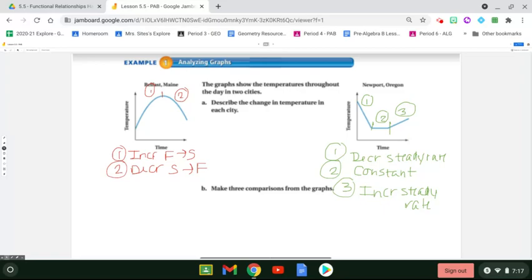So if we're making some comparisons about the graphs, maybe one observation would be that both of the graphs show that we have increases and decreases overall, right? So we can say both show increases and decreases in temperature.